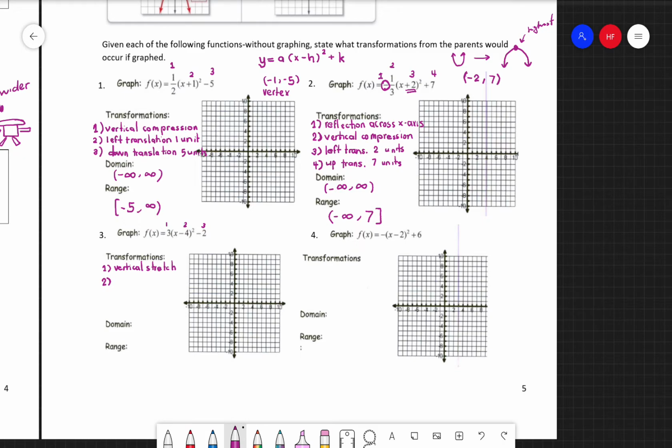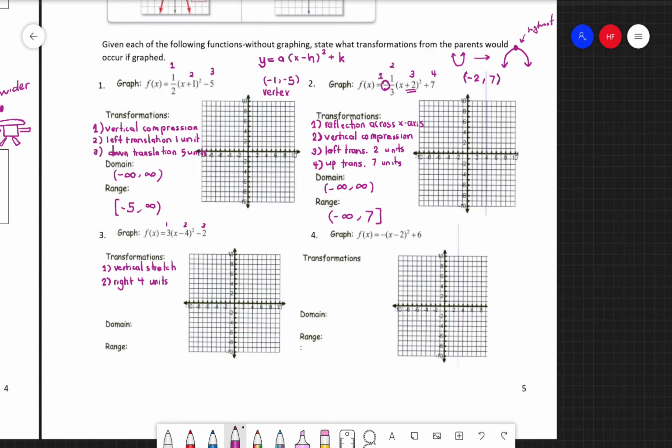Then we have -4 on the inside there. So remember, on the inside we take the opposite. So -4 will move to the right 4. So we have a horizontal translation to the right 4.